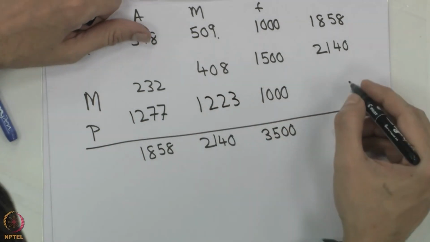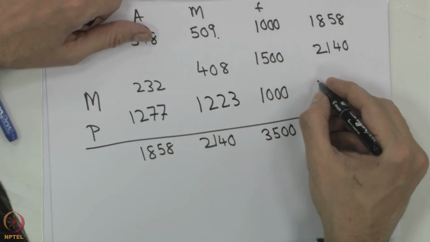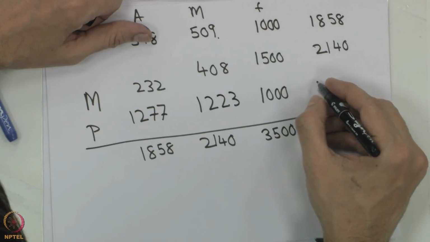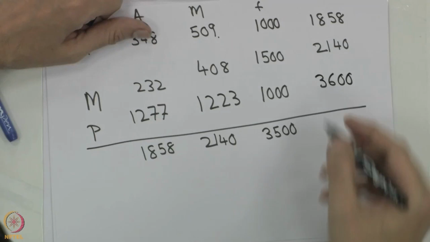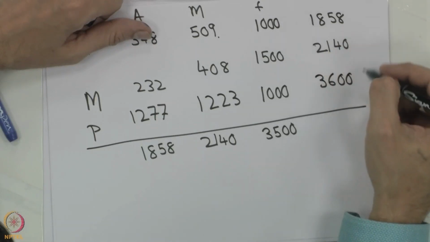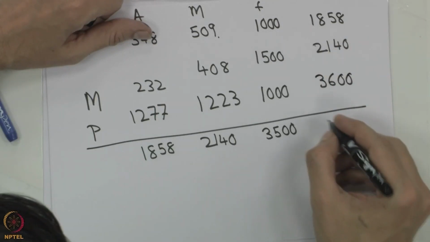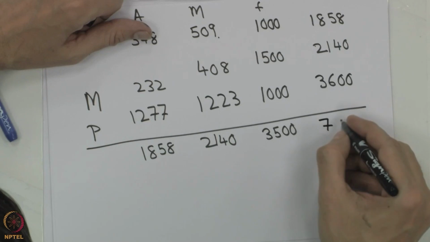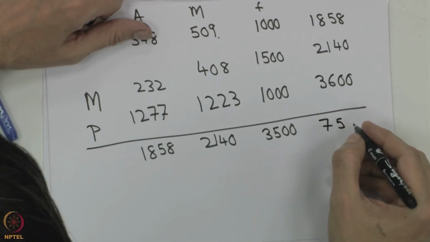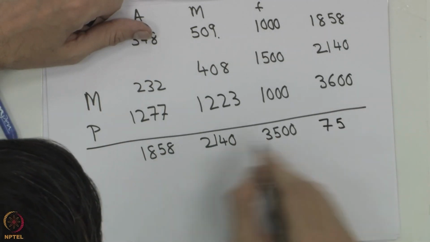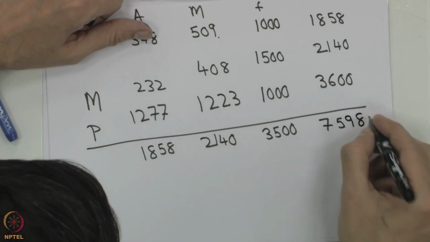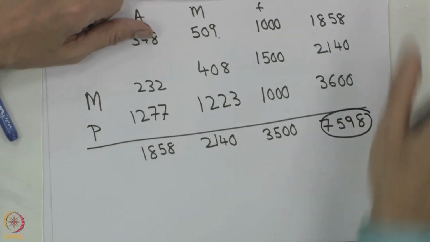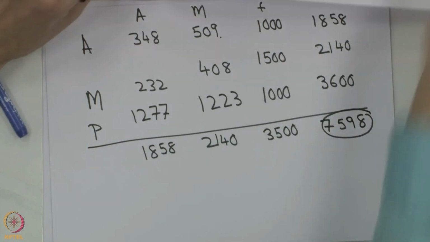When we add this up, this comes out to be 3600, and when we add this total up, we will get a total of 7598. Now, just compare this with what we had earlier.